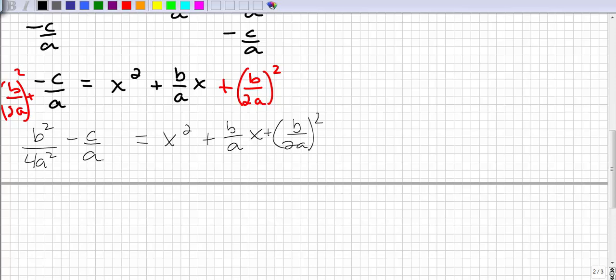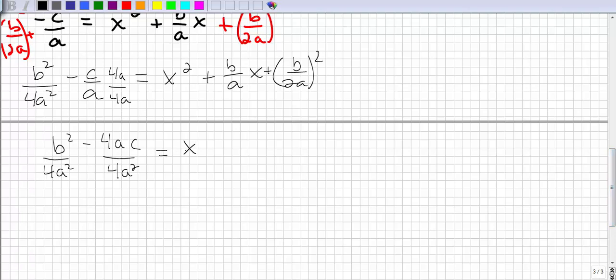Now I have to get common denominators, so we're going to go back to the left side. Common denominators, I need to multiply this by 4a over 4a. We're going to be left with b squared minus 4a times c. Both of them are now over 4a squared.